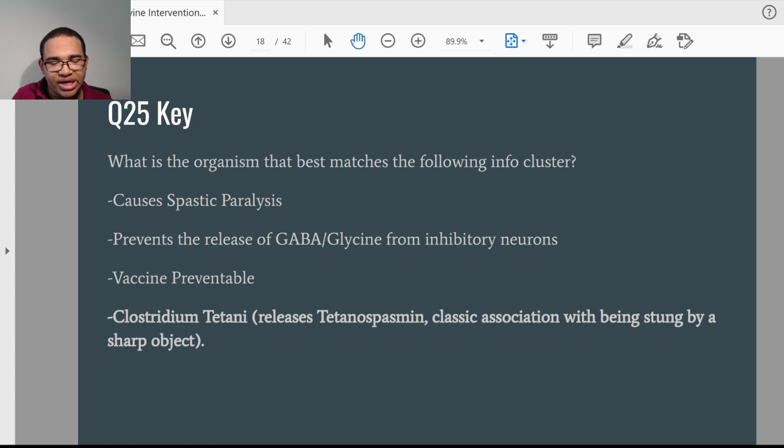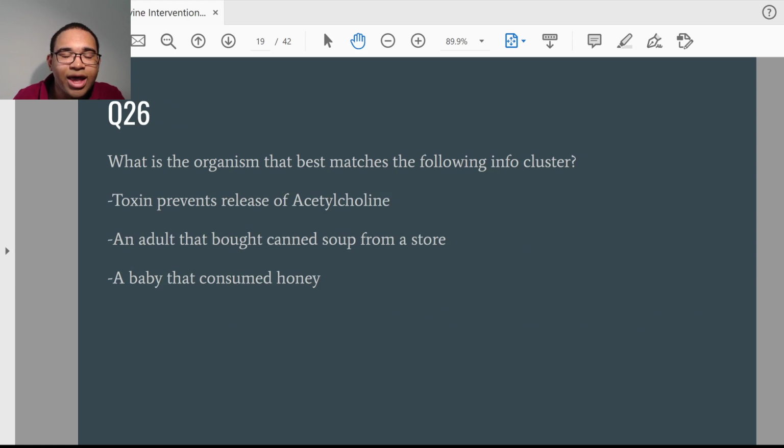So if you've cleaved those SNARE proteins, you're not going to be able to bring things like GABA and glycine, and then you'll be in an excitatory state. So you can have like the risus sardonicus and all that badness, right? Yeah, so that's the way this works. Okay, remember the toxin is known as tetanospasmin, right? Tetanus spasmin, spastic paralysis.